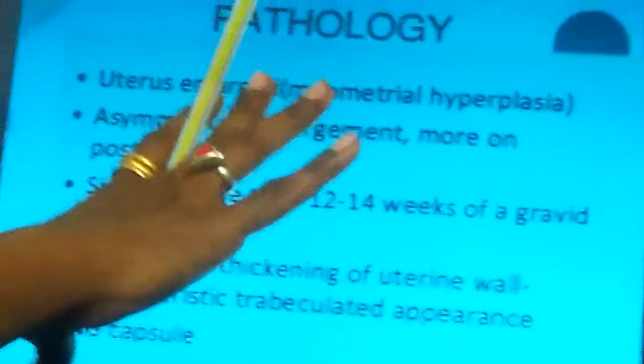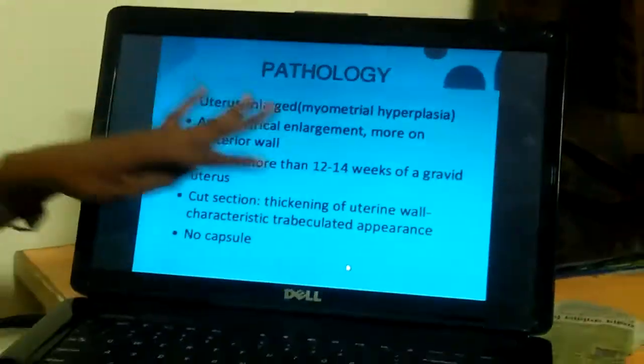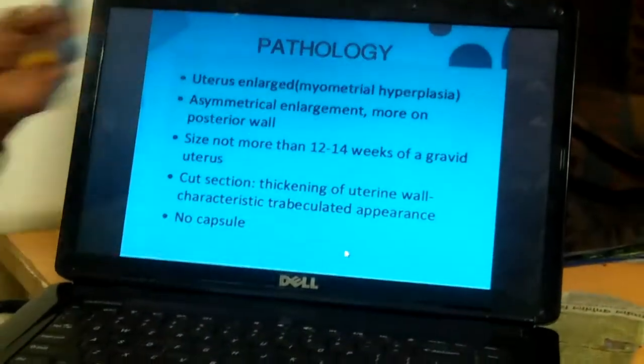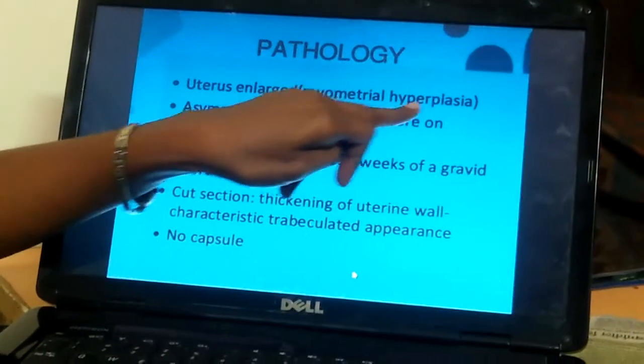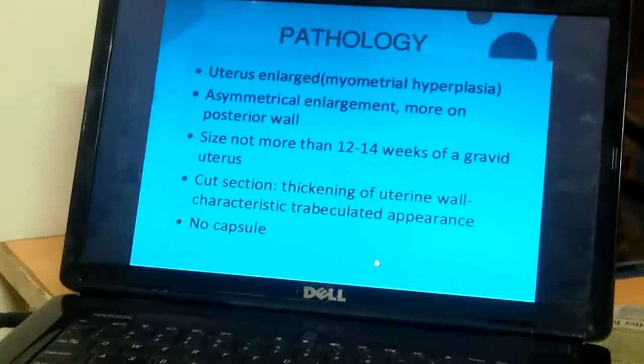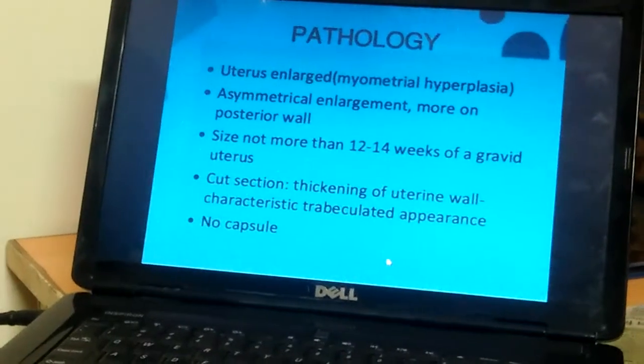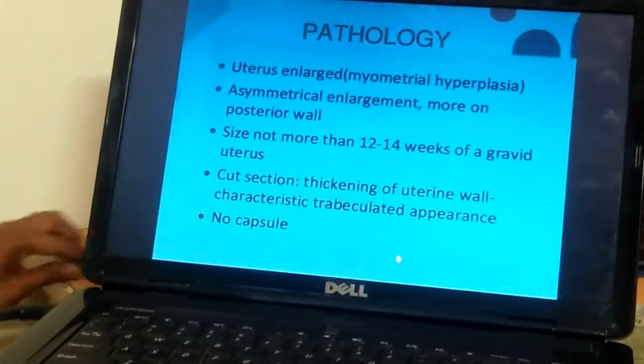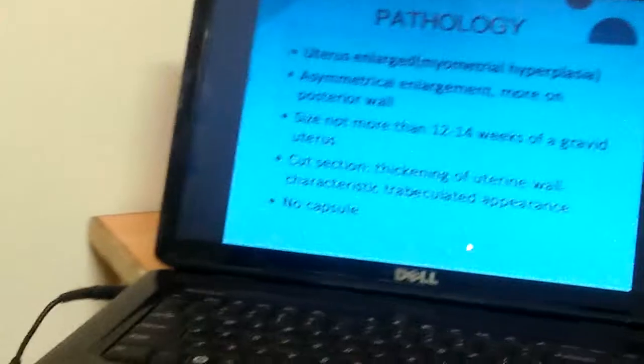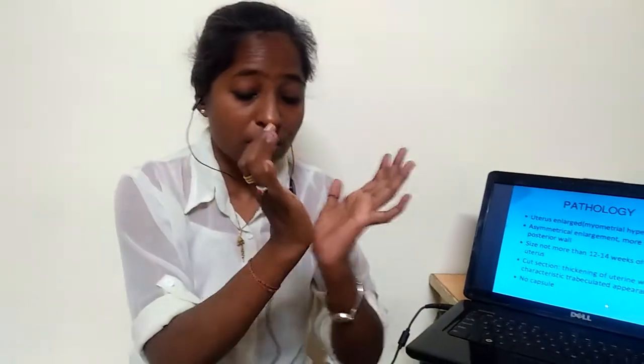Next, what is the pathology related to it? The uterus gets enlarged, that is myometrial hyperplasia. And how is the enlargement? It is not symmetrical. If we imagine the uterus with the fundus, cervix and vagina, normally the uterus is equally enlarged, but in adenomyosis mostly the posterior part gets enlarged and it is asymmetrical.